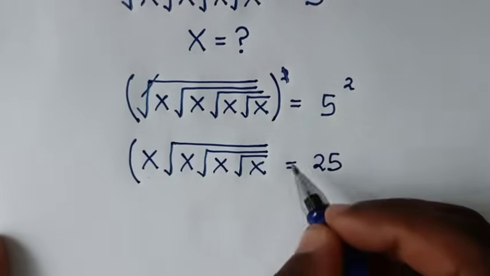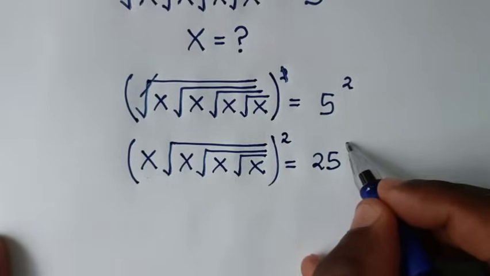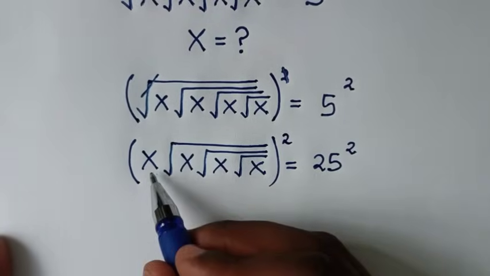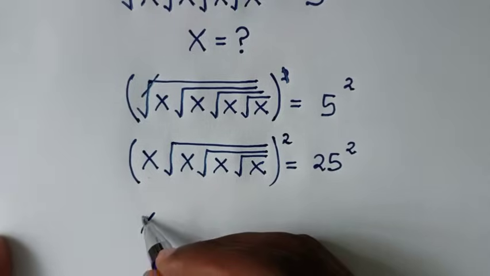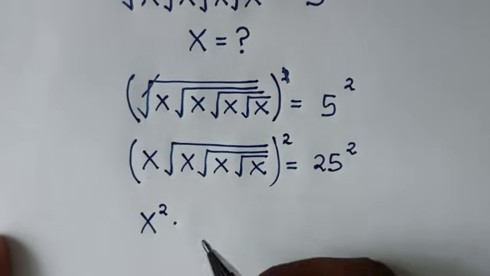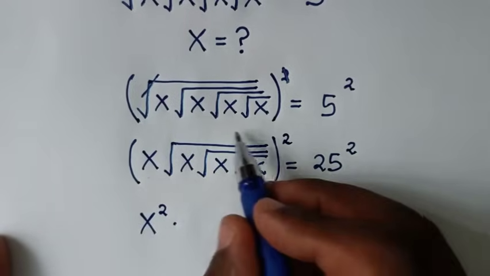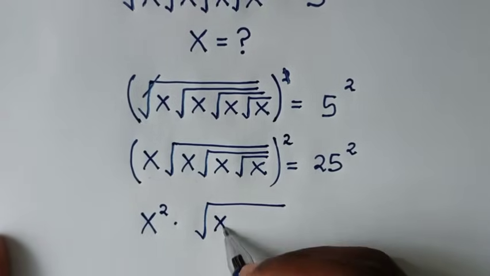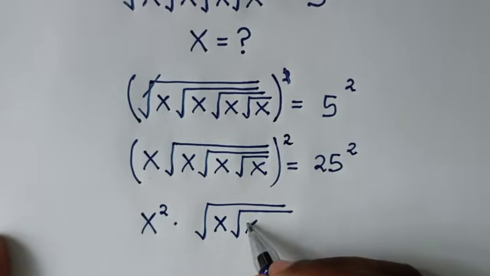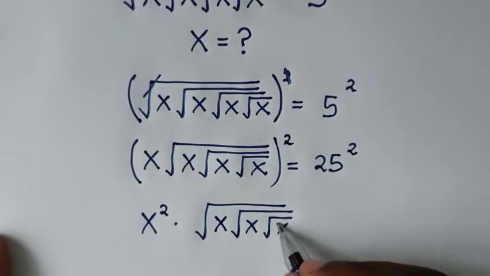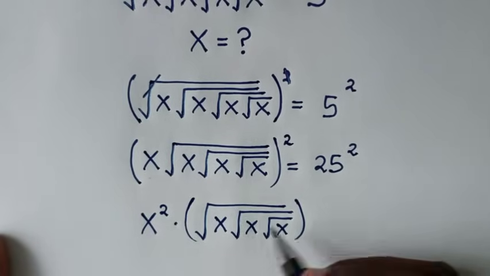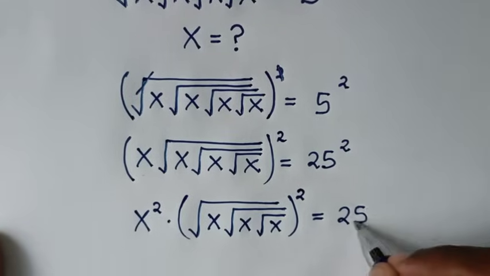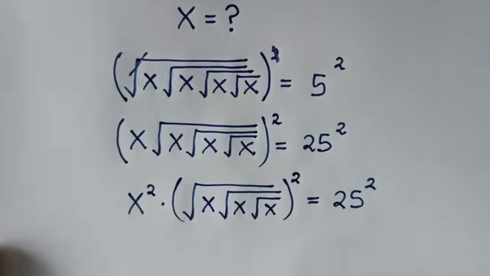Then in the next step, we'll remove this square root here. So we'll apply square again on both sides. So we'll take this square inside the bracket, so it will be x squared, then times these square roots here, bracket squared. So it will be the square root of x and a square root of x and a square root of x, then bracket squared is equal to 25 squared.